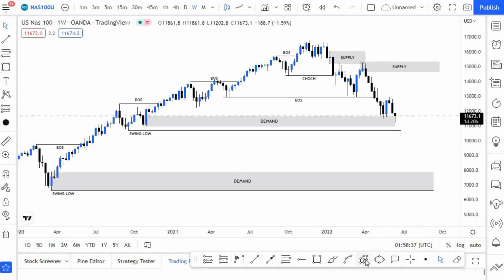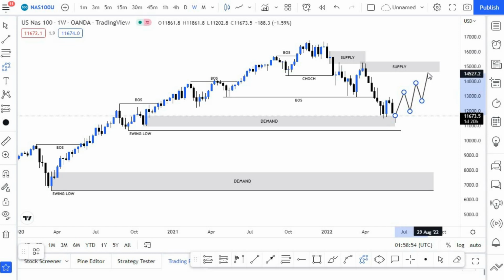So now, as you can see, the price is at this demand zone area. What you now want to see is a change of character, something like this, and then you like to see a continuation pattern and then a pullback.